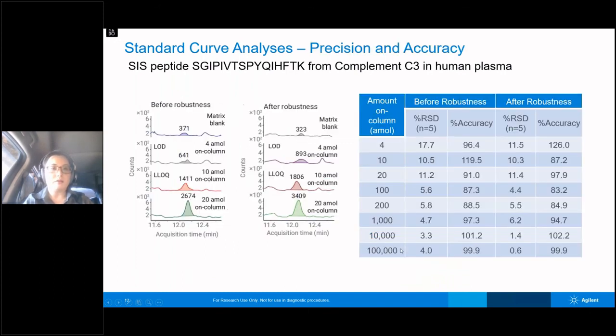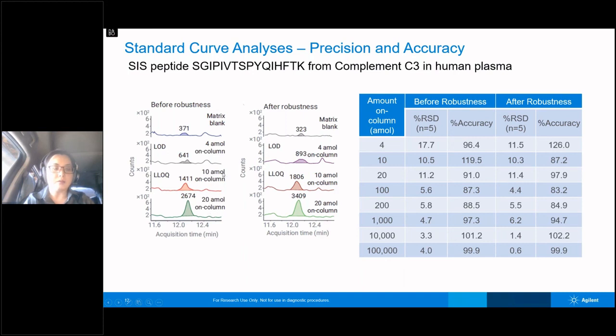If you have a close look at this calibration curve precision and accuracy, here on the left are the MRM chromatograms run before and after the robustness test in 4 samples, including the matrix blank, 4 amol on column, 10 amol on column, and 20 amol on column.